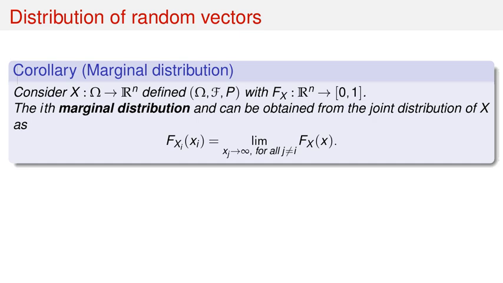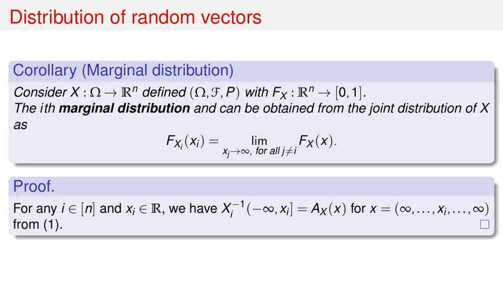The ith marginal distribution F sub X sub i of x sub i can be obtained from the joint distribution F sub X by taking the limit as all other components x sub j for j not equal to i go to infinity. So F sub X sub i of x sub i equals the limit of F sub X of x as x sub j approaches infinity for all j not equal to i.